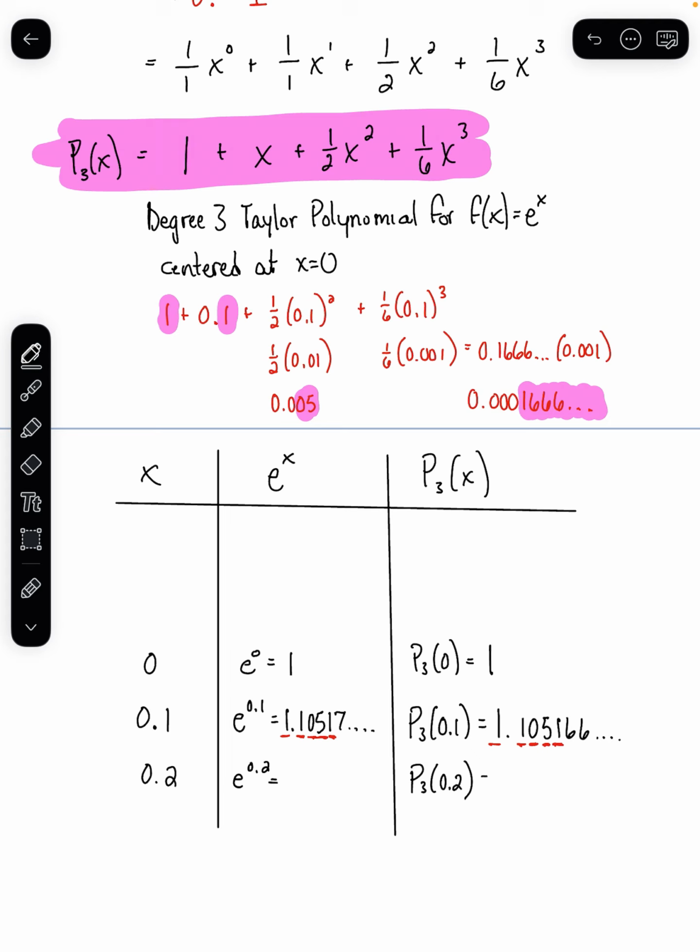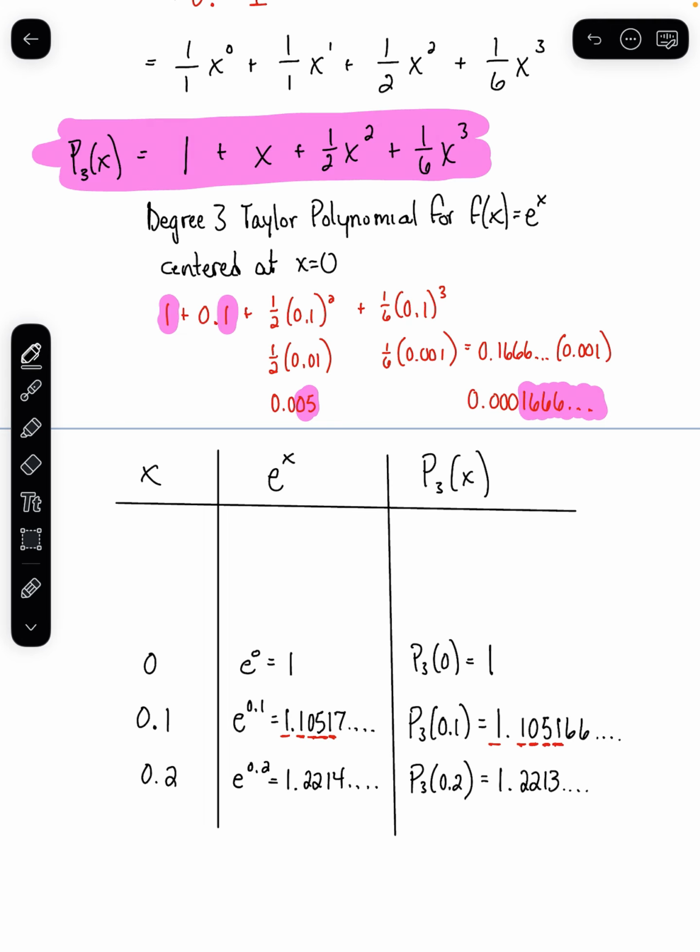And again, while 0.02 is maybe not quite as friendly as 0.01, it is something we could do by hand in the polynomial. Hand waving that a little bit, we would get from this 1.2213, whereas e to the 0.2 would be 1.2214.